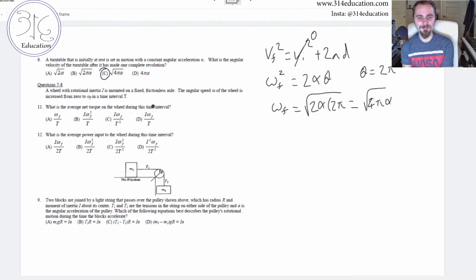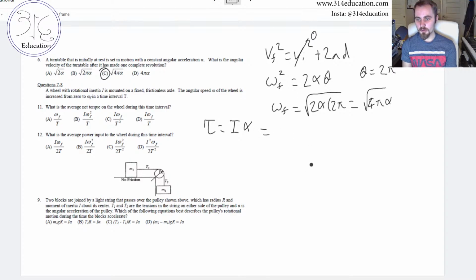Anyway, so we've got a wheel of rotational inertia I mounted on a fixed frictionless axle. The angular speed omega of the wheel is increased from 0 to omega f, omega final, in a time interval t. What is the average net torque on the wheel during this time interval? So we expect the net torque to equal I times alpha, and then we can find the average alpha.